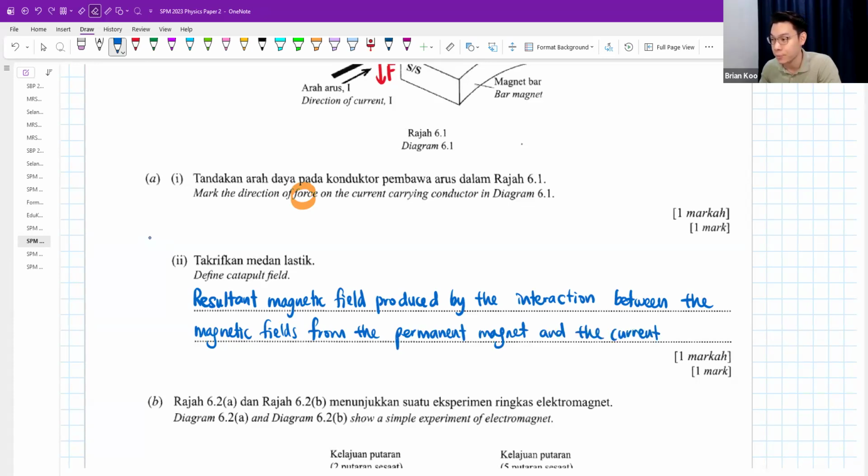A bit long, huh? But really, you are just trying to say the resultant magnetic field produced by, keyword here is interaction of two different magnetic fields. They interact, they mix together. Okay.